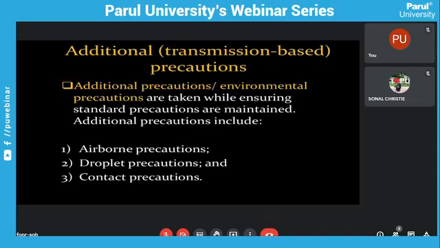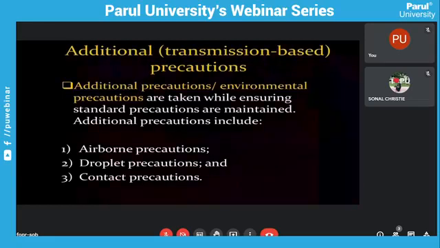Additional precautions or environmental precautions are taken while ensuring standard precautions are maintained. Before using additional or transmission based precautions, we have to ensure that all the standard precautions are maintained. First we have to maintain all the standard precautions.